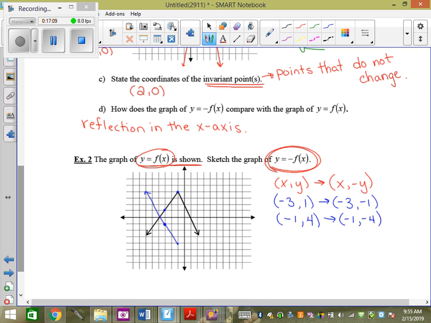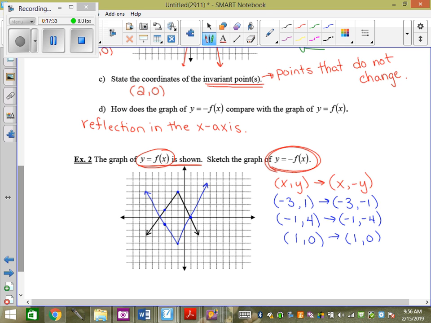And then I'm going to pick this one. Let's say it's at 1, 0. It's going to be at 1, 0. Wait a second. Stayed the same. Why did it stay the same? What is this reflecting on? What does that -1 do? We reflect in the what?